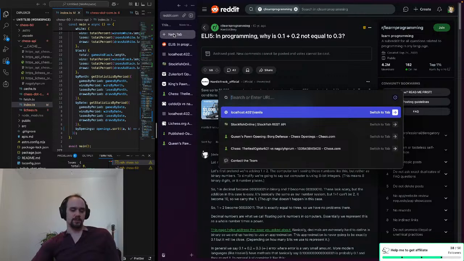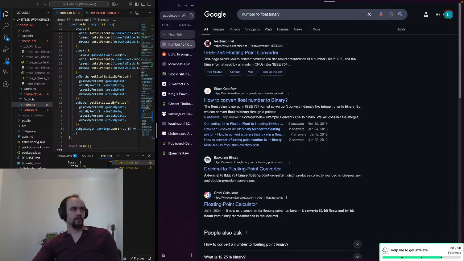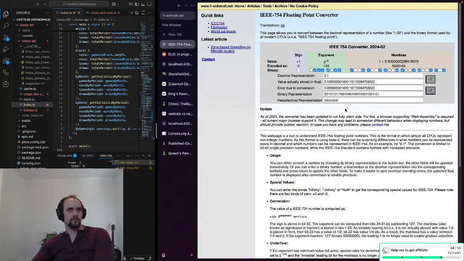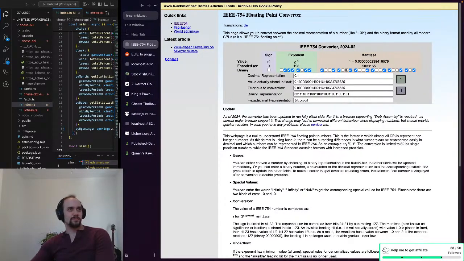Okay, let's see if we do number to float binary. Let's say 0.1. These are all the bits that are on.